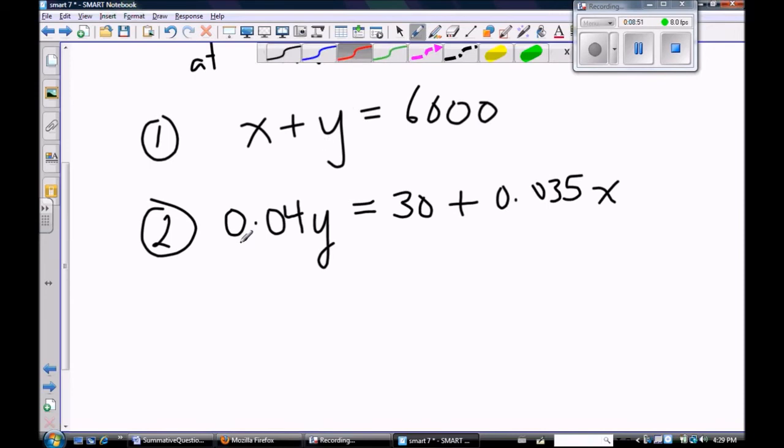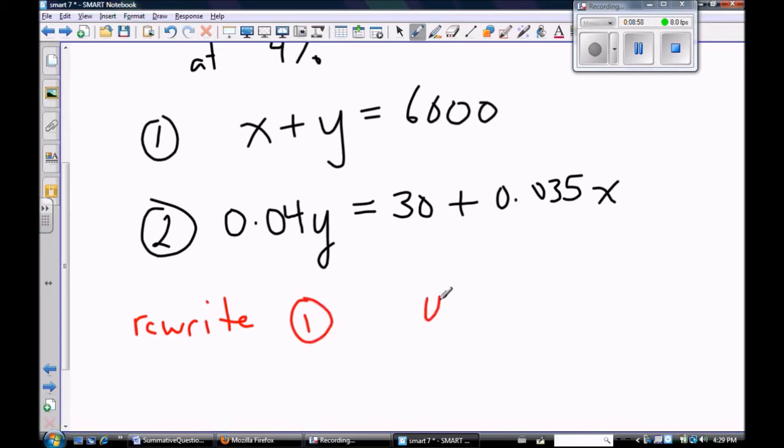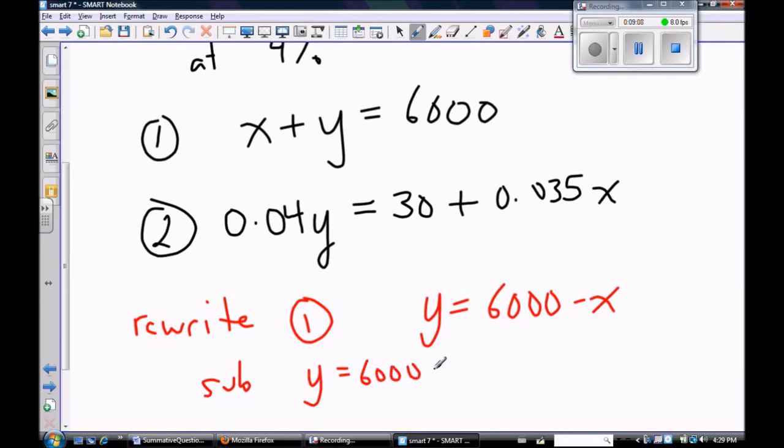So I'm going to take equation 1 and rewrite it so that I isolate y. So there's equation 1, and now I'm going to sub that. So I'm going to take 6,000 minus x as my value of y, and I'm going to sub that into the other equation. So that's the math I have to do.